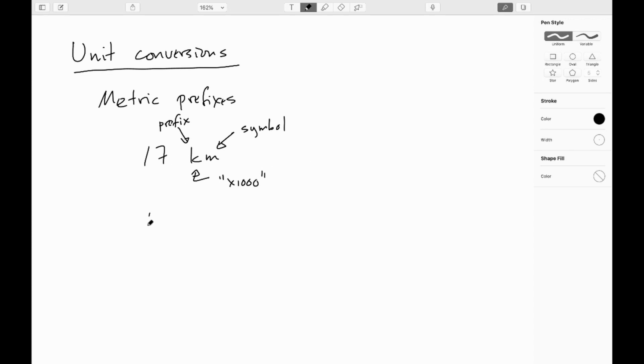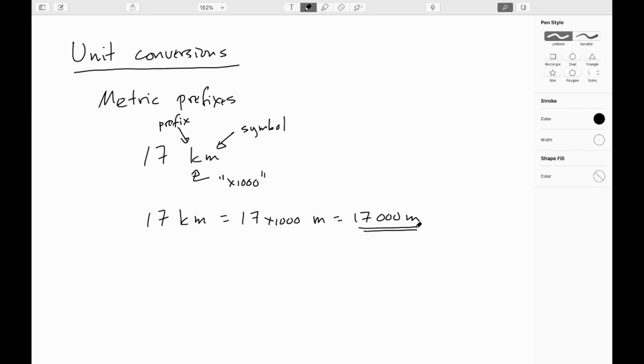So when I see 17 kilometers, this K here, because it's a prefix, I can replace that with the instruction times 1,000. I still have to leave my meters, but now I know that I have to multiply 17 by 1,000 to be left with 17,000 meters. And so that's how I would know how many meters are in a kilometer.